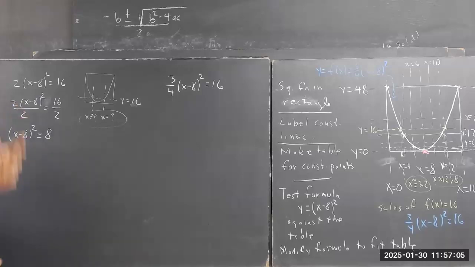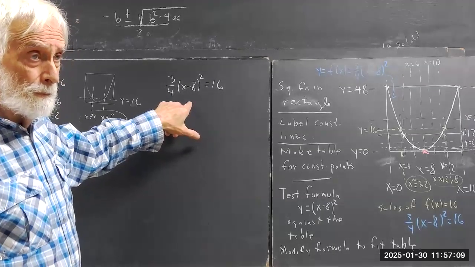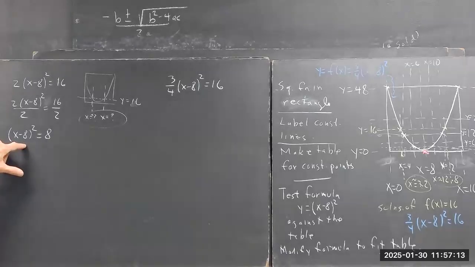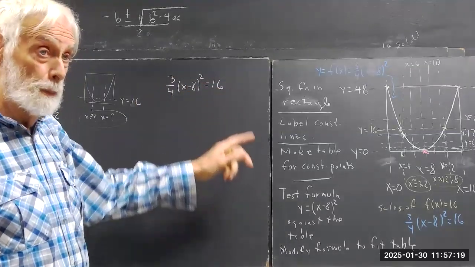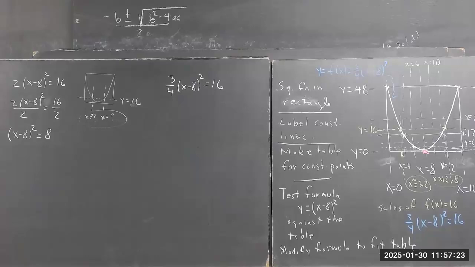Okay. Let's just say we wanted to isolate the x minus 8. We want to get x minus 8 squared equals something, right? What would we do to both sides of this? You can write this one down and show me what you would do. Just want to see how you're dealing with it, so I know how much explanation you're going to need.